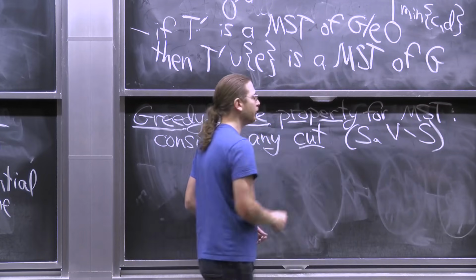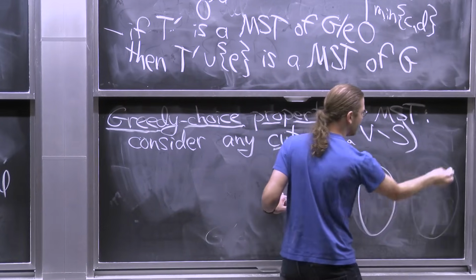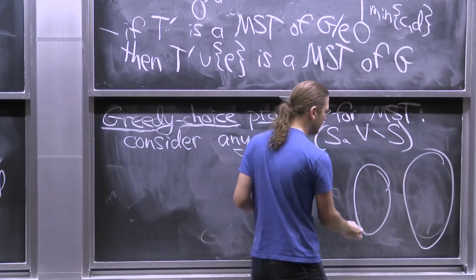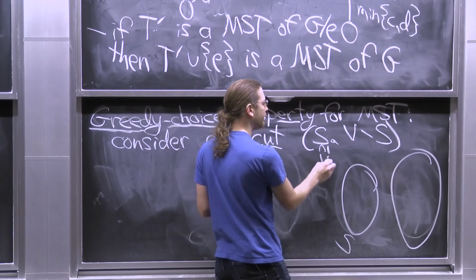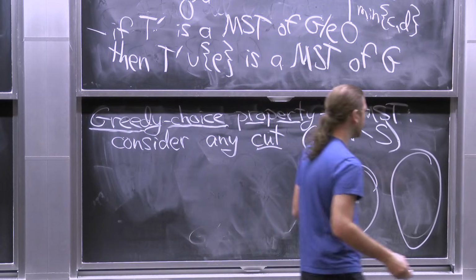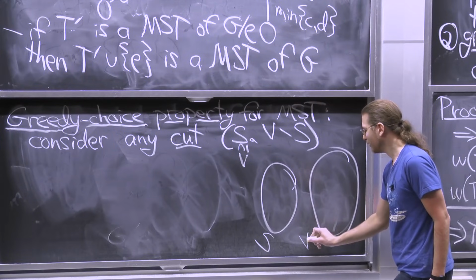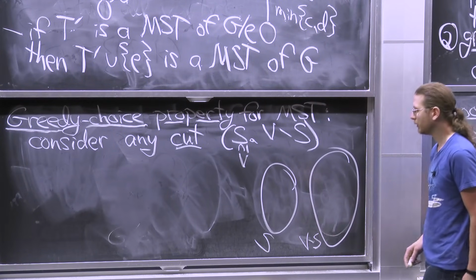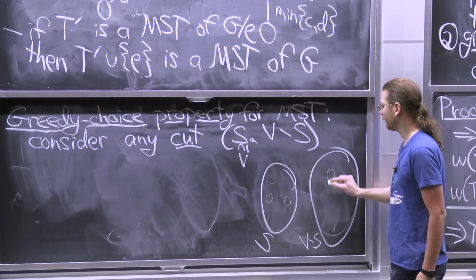So I'm going to introduce the notion of a cut. It's going to be a similar picture to what I had before. I'm going to look at some set of vertices. S here is a subset of the vertices. And that leaves in the graph everything else. This would be V minus S. OK, so there's some vertices over here, some vertices over here.